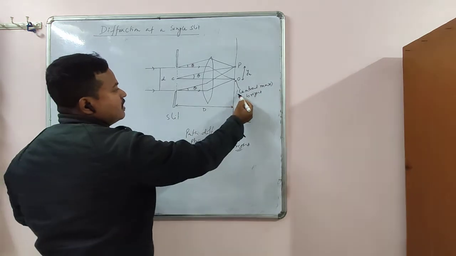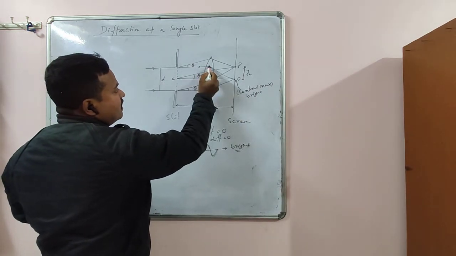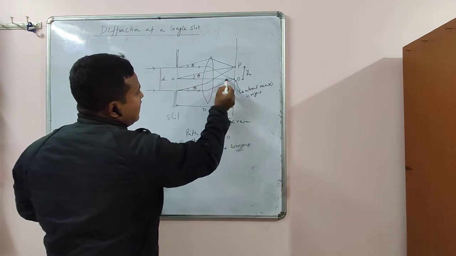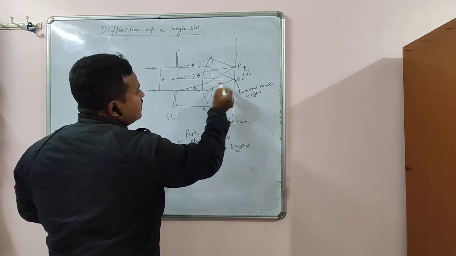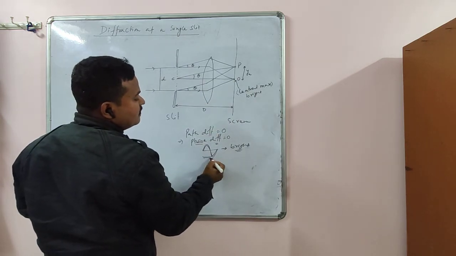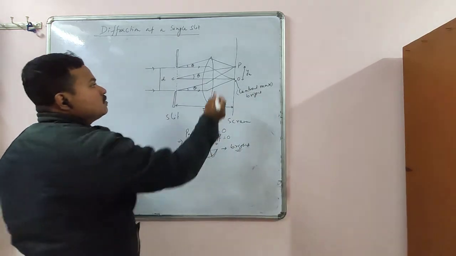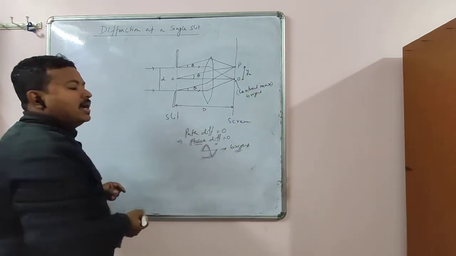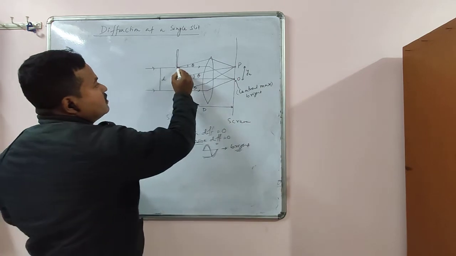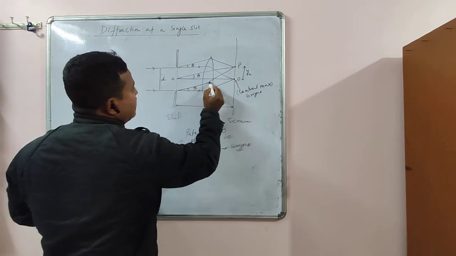The waves parallel to the central line meet at point O in equal phase, so it gives you bright. Now this point P may be bright or dark depending on the path difference, because here this path and this path are not equal.